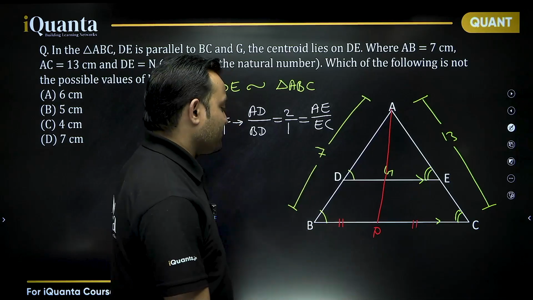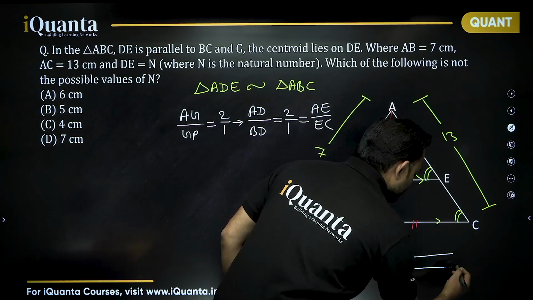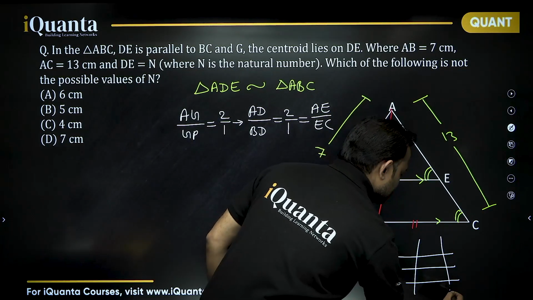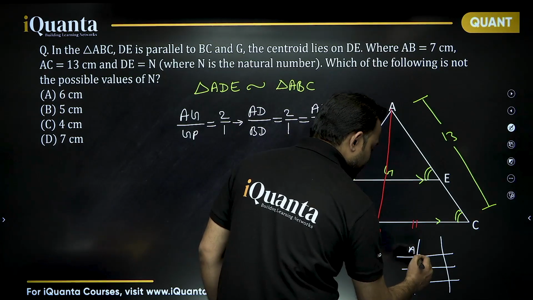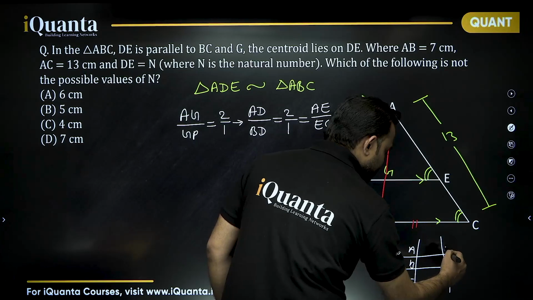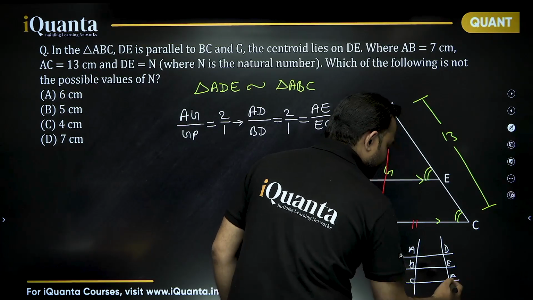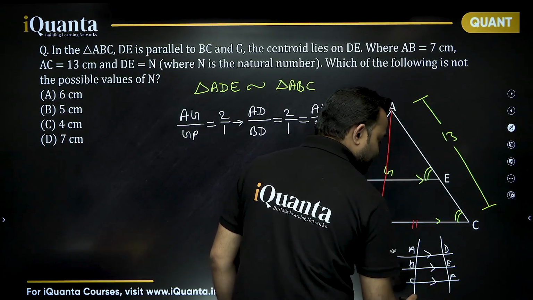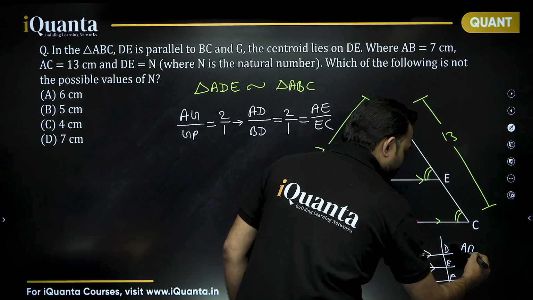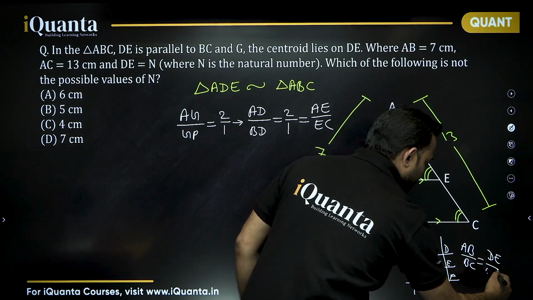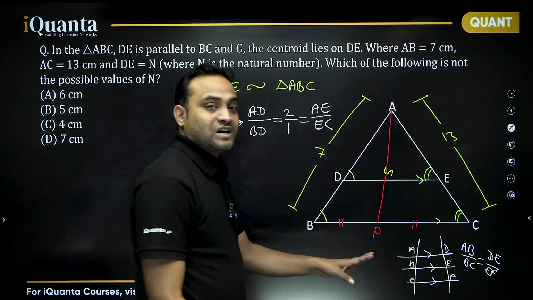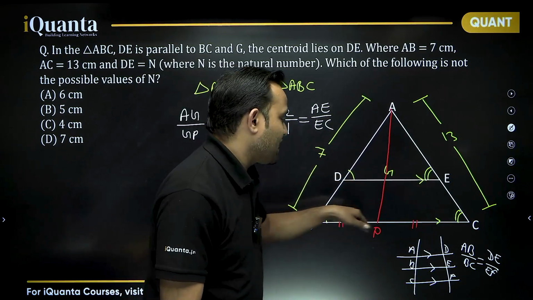Whenever we have two or more parallel lines, the corresponding ratios are equal. Like if this is A, B, C, and this is D, E, F, then if three lines are parallel, AB upon BC is equal to DE upon EF. This is what I am using. DE is parallel to BC.